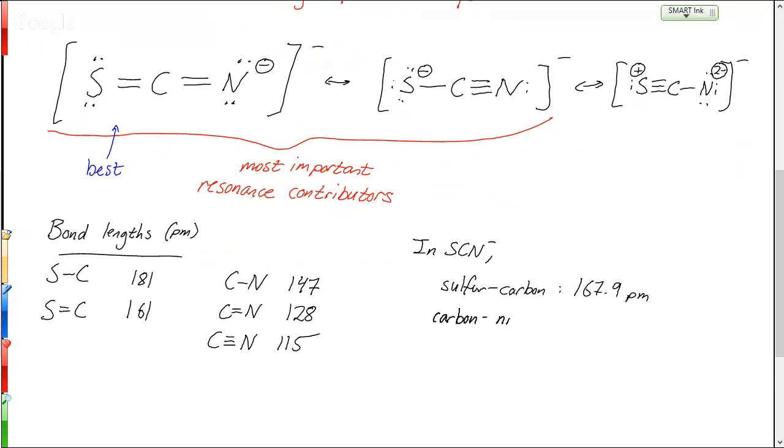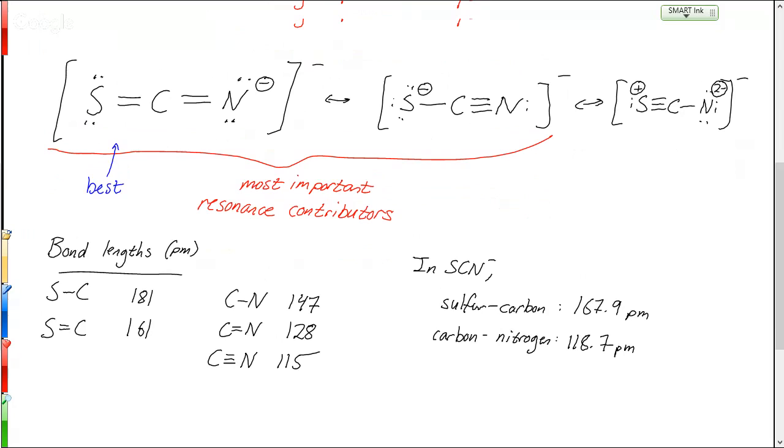And the carbon-nitrogen bond length is 118.7. So we can compare these numbers here and look where that fits in. Sulfur-carbon's 167.9. That's right between a single and a double bond, right? 168 would be like right in here.